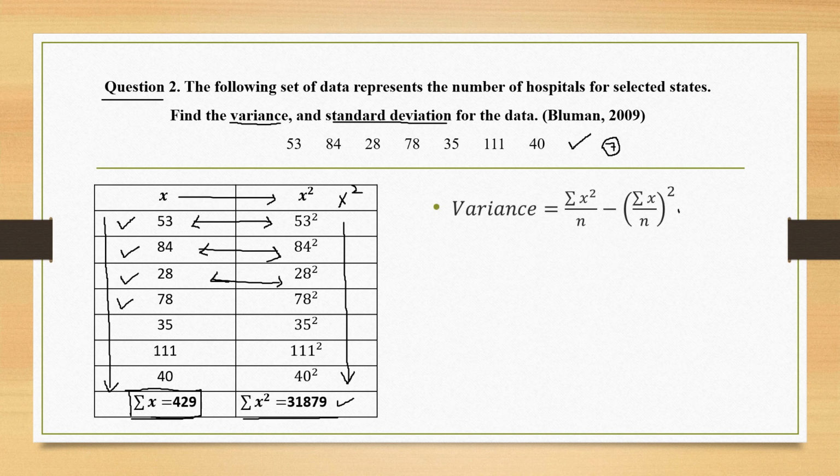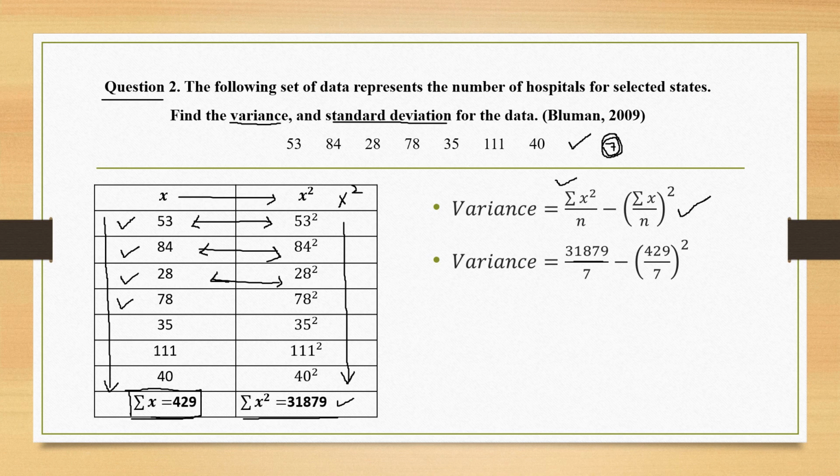Now first of all, we need to find the variance of the data. Write the formula: variance is equal to the sum of x squared divided by n, minus the sum of x divided by n, whole squared. Putting the values from the table, the sum of x squared is 31,879, divided by 7, where n means the total numbers we have, which is 7.